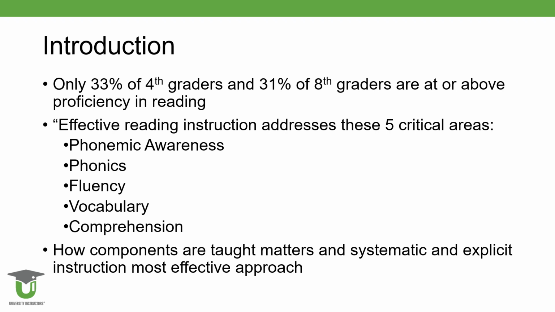Every day in the United States, school district leaders are coming to the realization that the way we've been teaching reading needs to change. According to the nation's report card, only 33% of 4th grade students and 31% of 8th grade students performed at or above proficiency level in reading in 2022.